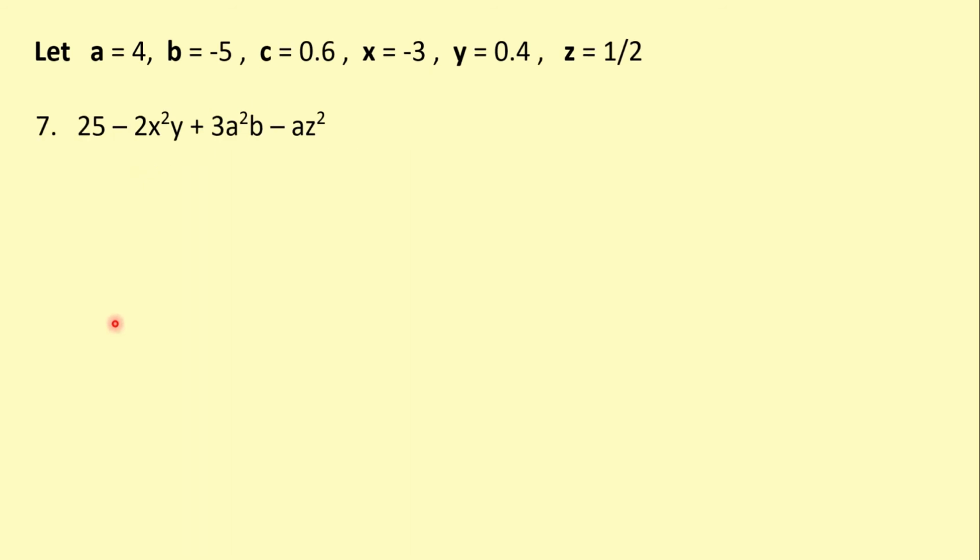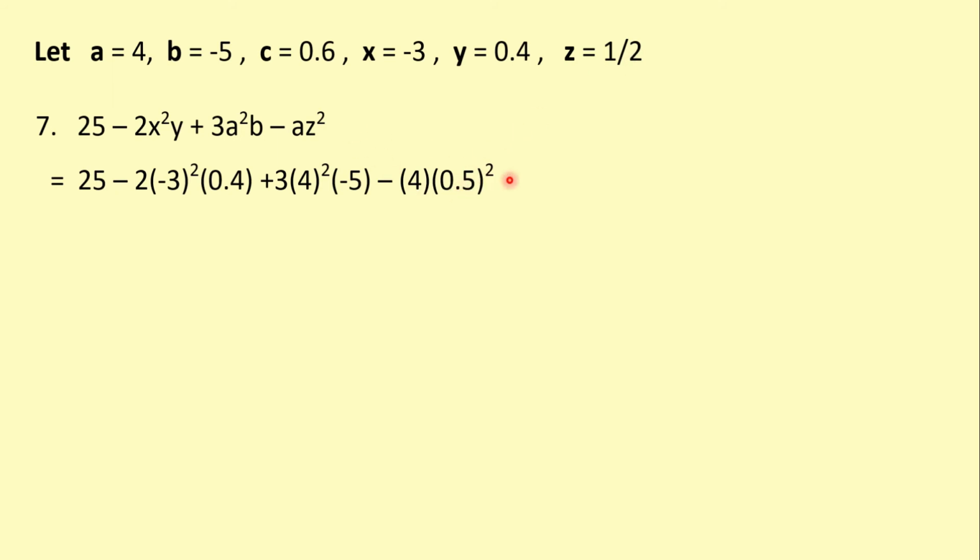And for number 7, ganun lang ulit, substitute lang. X natin is negative 3 squared, y is 0.4, then 3a squared, a natin is 4, so 4 squared, b is negative 5, then minus az squared, a is 4, z natin is 1/2 or 0.5 squared.